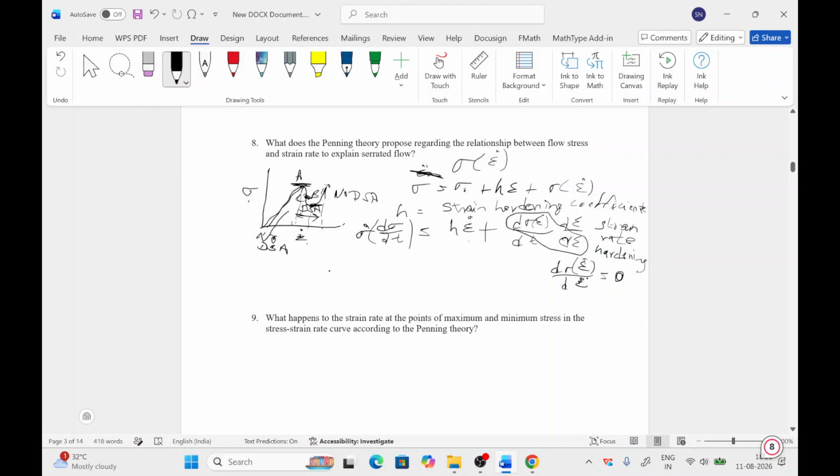So we can write the equation further. d epsilon by dt will be epsilon dot.